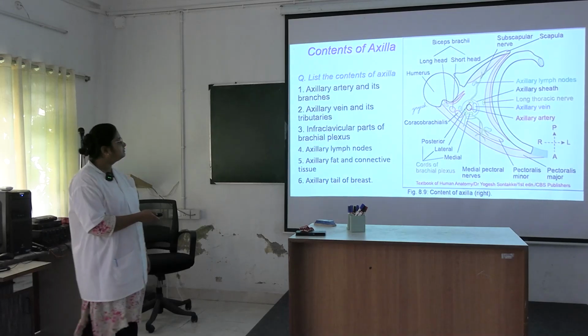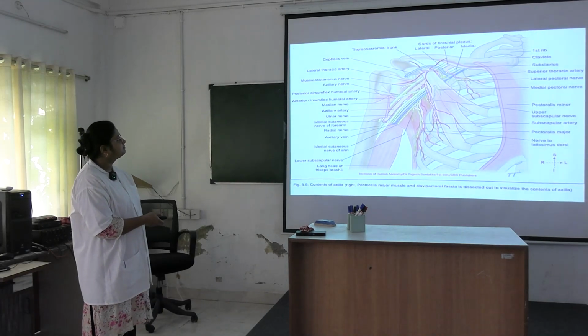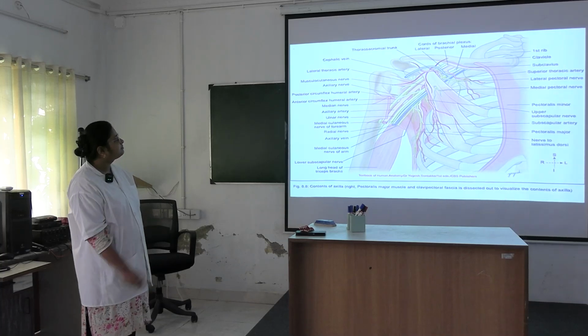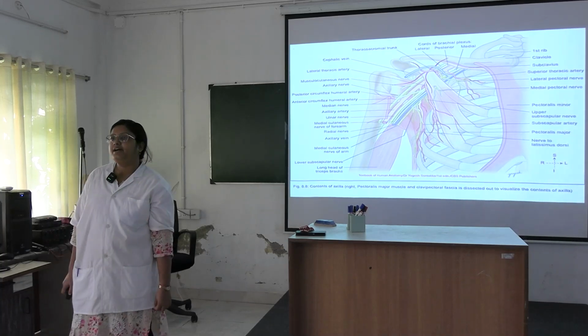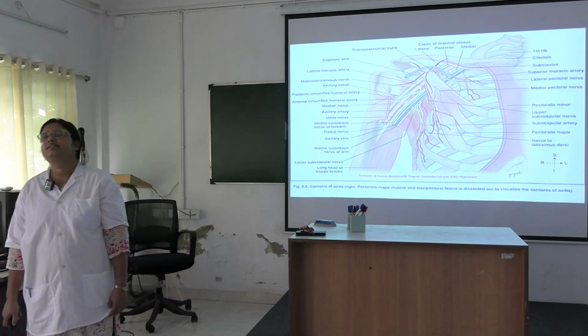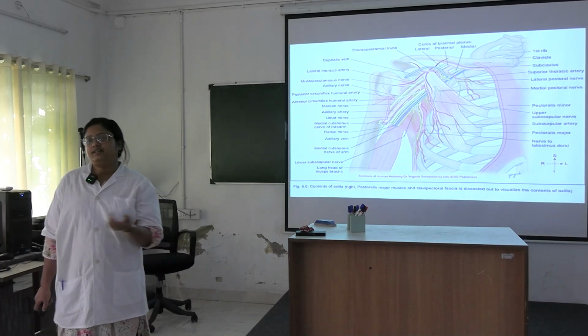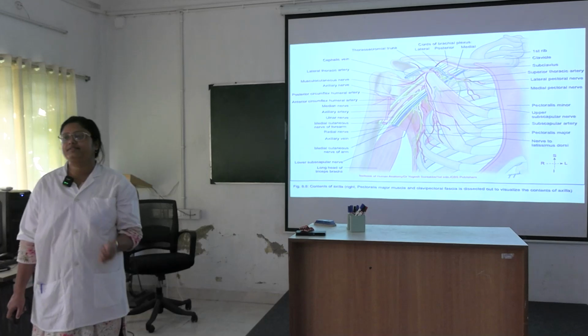Here, profunda brachii vessels, this is radial nerve. Profunda brachii vessels, you have written. Next you write down axillary nerve.